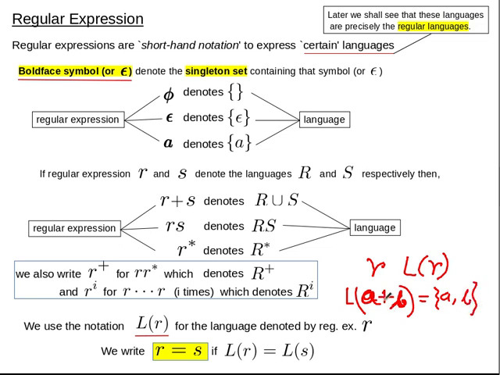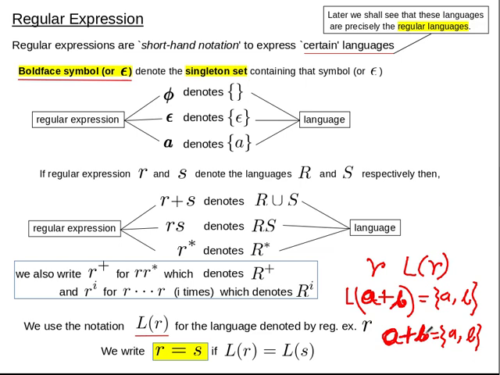But often we just say that this is actually this thing. So strictly speaking, this equality should not make sense, but we abuse the notation and we interchangeably use the regular expression and the set.